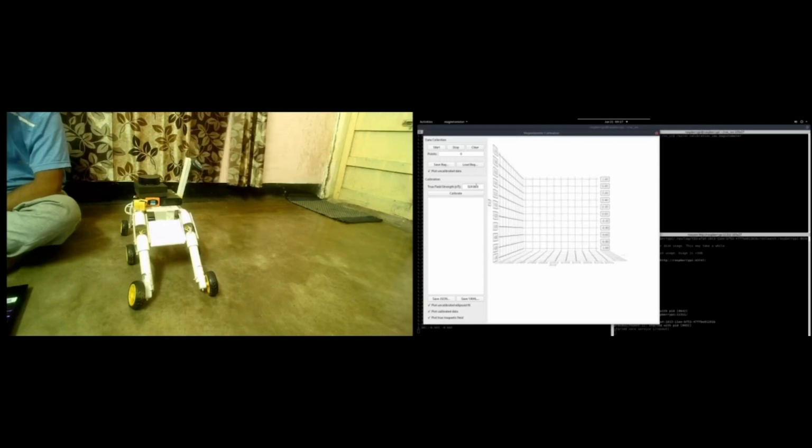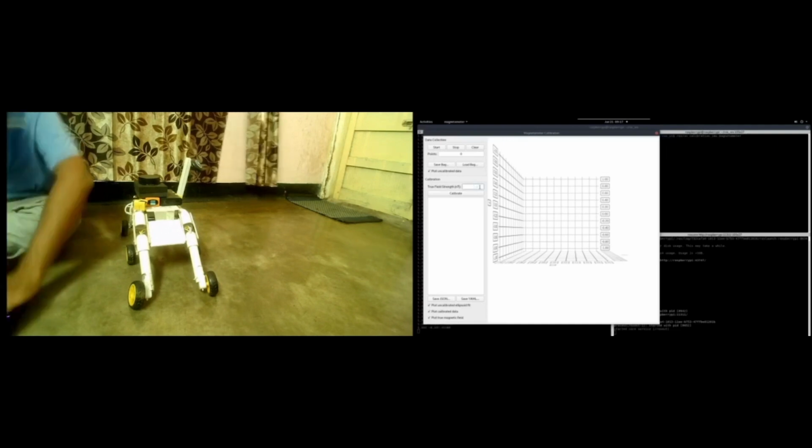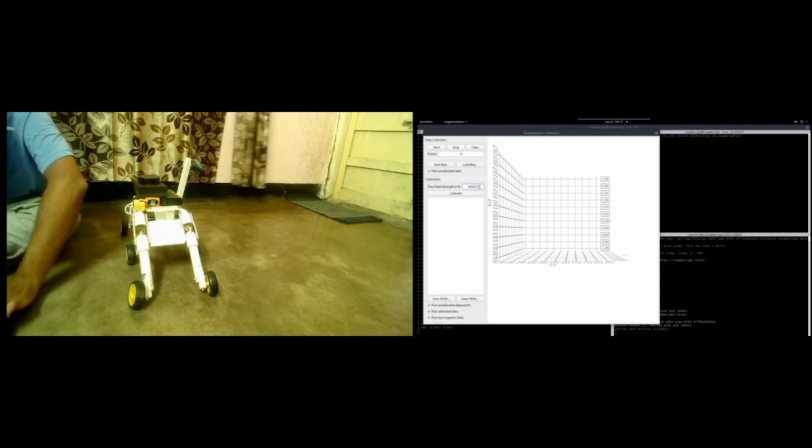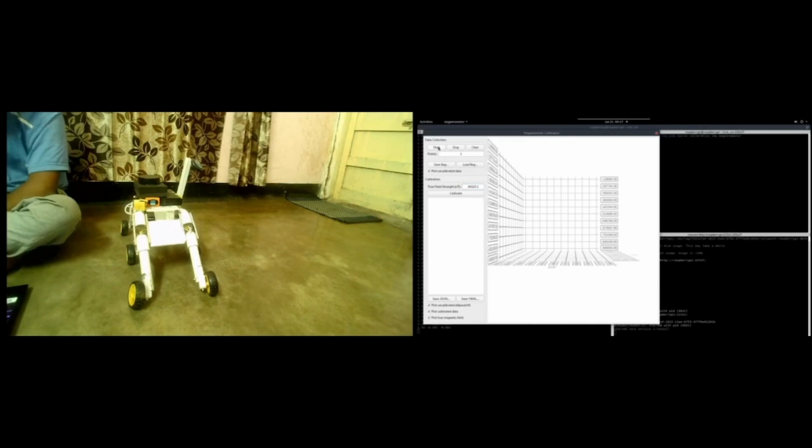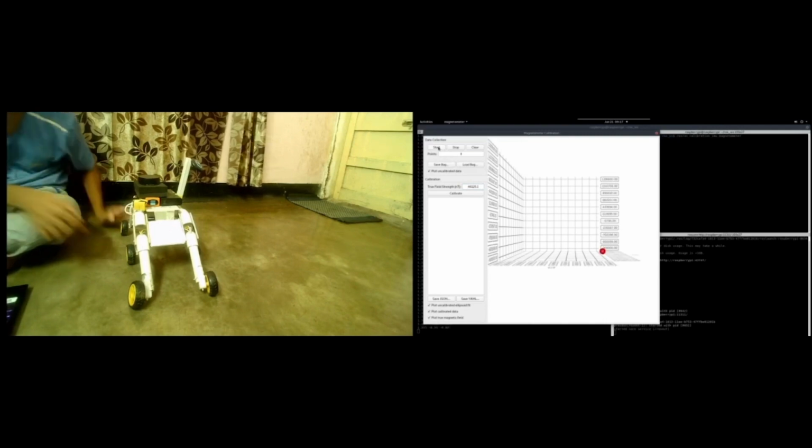First we'll be changing the true field strength of the point where I am, and that is 46125.1 nanotesla. Now we'll be starting the calibration.